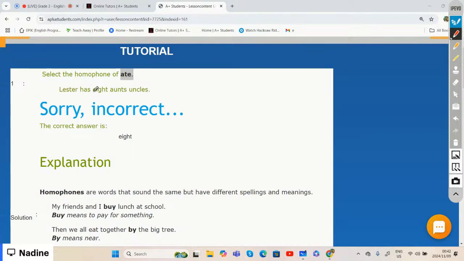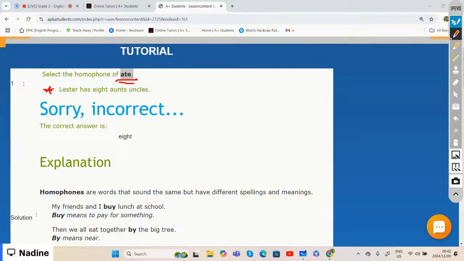It says Lester has eight aunts, probably aunts and uncles. Which one is correct? We need to choose the word that sounds the same as eight, something that we've eaten, ate. But now we need to look at this sentence. Lester has eight aunts and uncles.